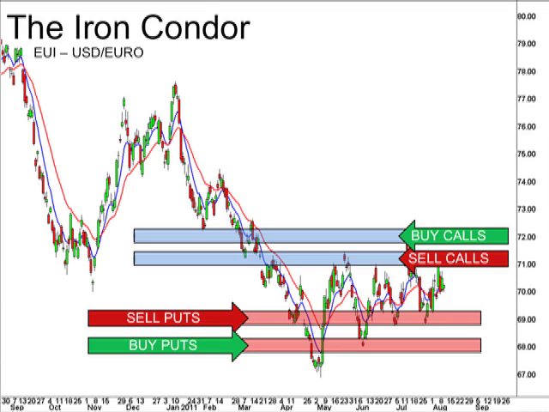So I can sell the puts at 69 and buy the puts down at 68, and there's my bull put spread. I can also sell calls at 71 and buy calls at 72. My expectation for the next month is that the pair value is going to consolidate within that particular range, so in other words, it's going to trade within that 69 to 71 range.